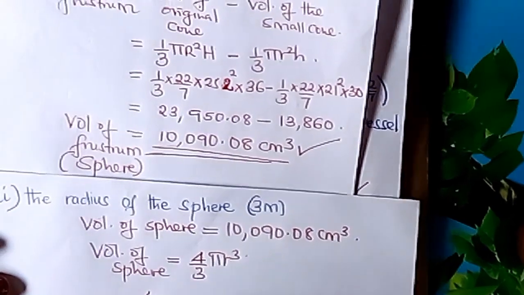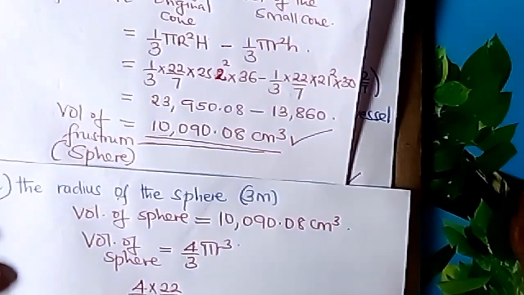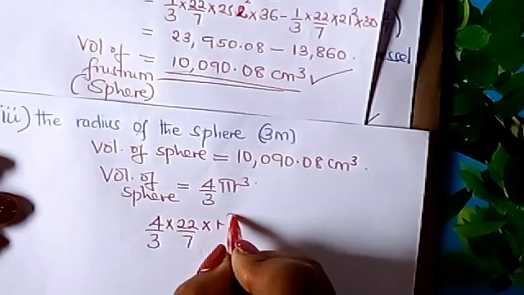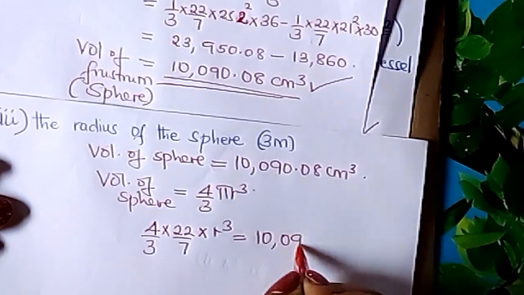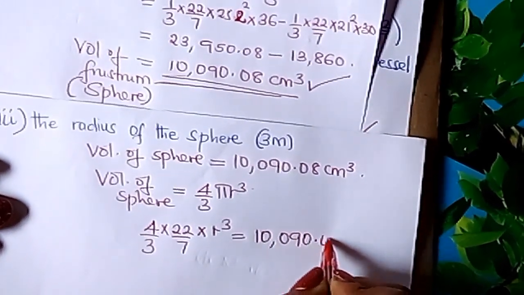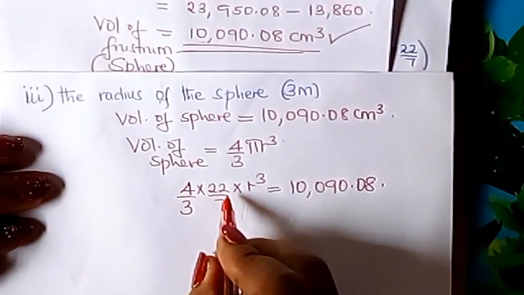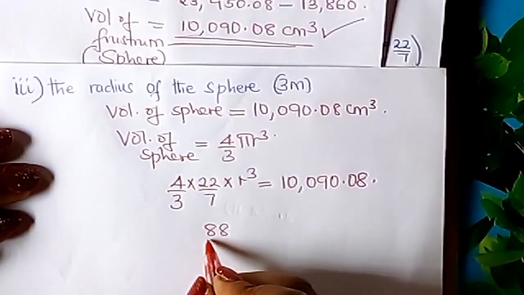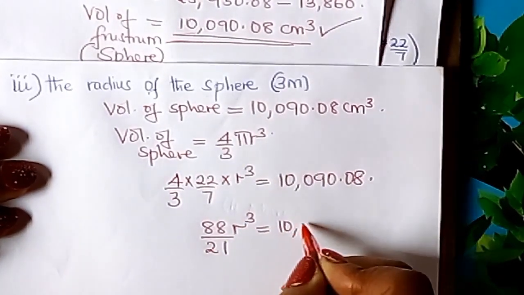So we talk of 4/3 times 22/7 times r cubed is therefore equal to the volume, which is 10,090.08. Good. So you work out this, learner. This is 88 over 21 r cubed, which is equal to 10,090.08.